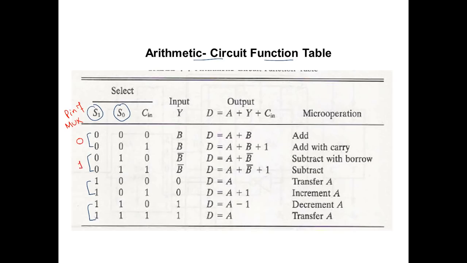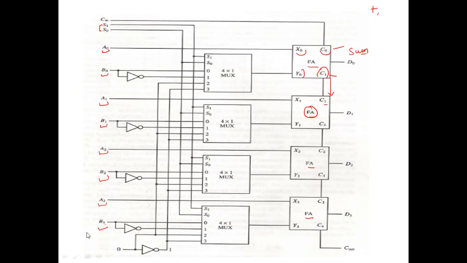For 0 1, this is the first pin of the multiplexer. 1 0 is the second pin of the multiplexer, and this is the third pin of the multiplexer. Accordingly, at the 0th pin, only B will be selected. So let's understand that. On the 0th pin, what I am having is directly the B0 value. Here also the B values B1, B2, B3.